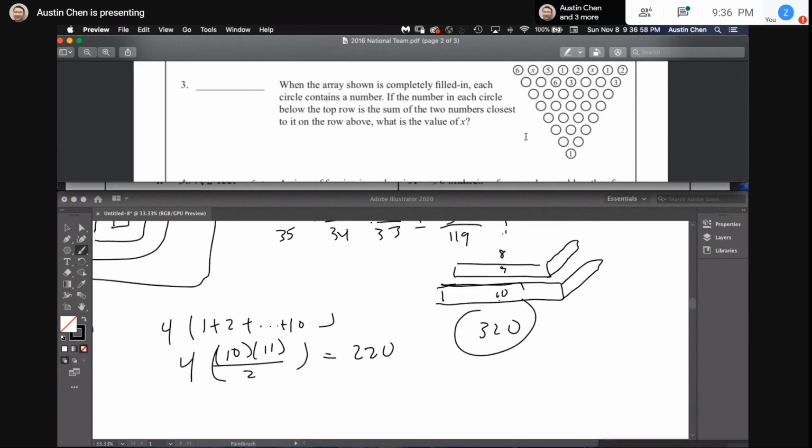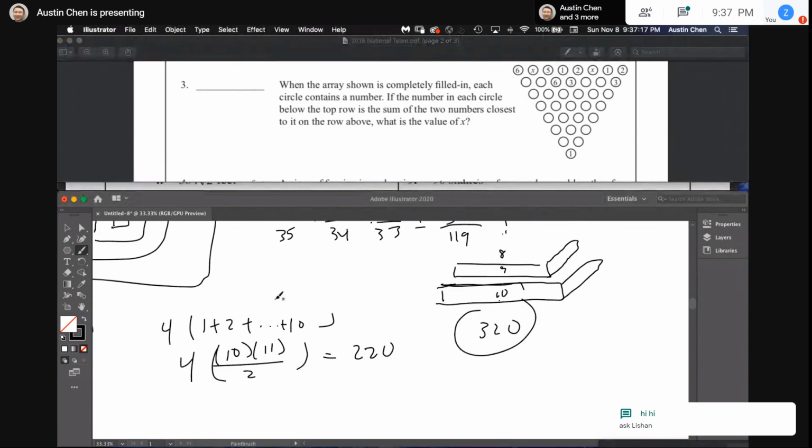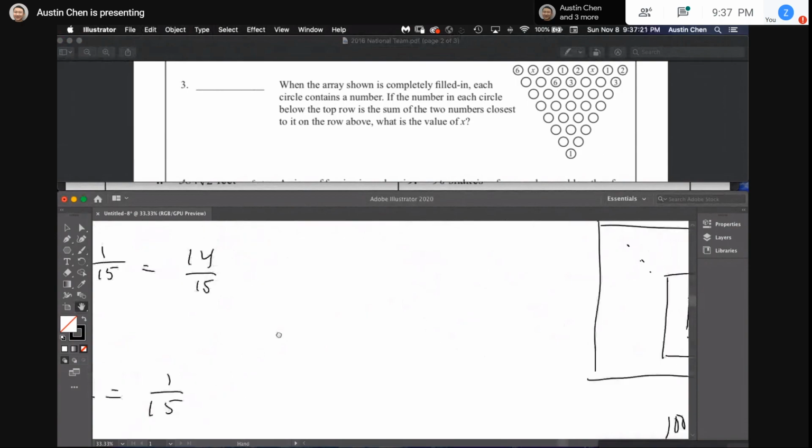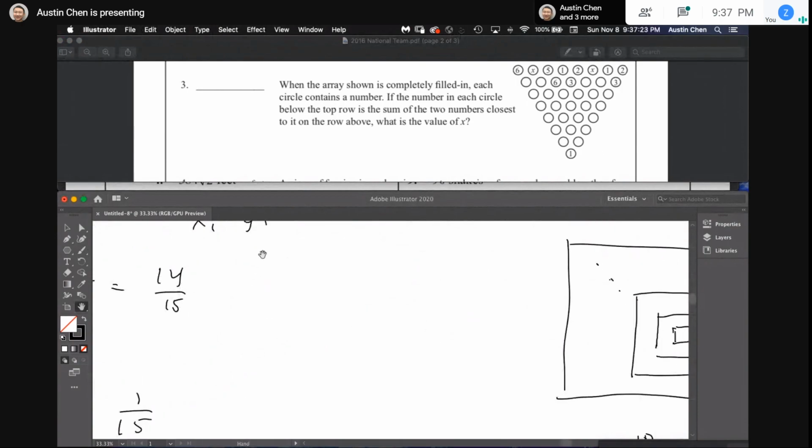Wait, do you guys think we should do countdown? If we do countdown, it will be more speed focused.